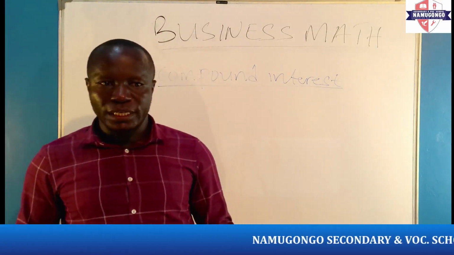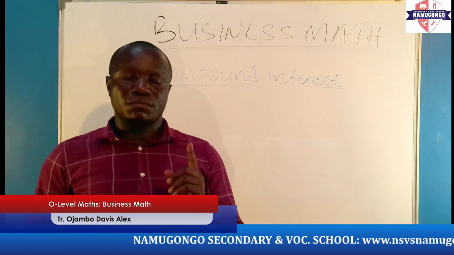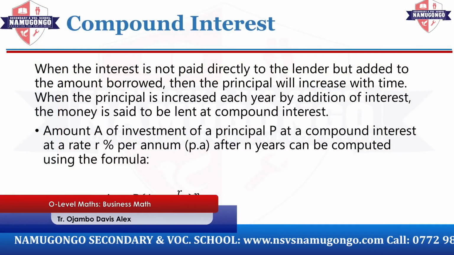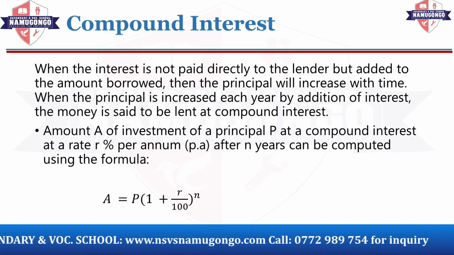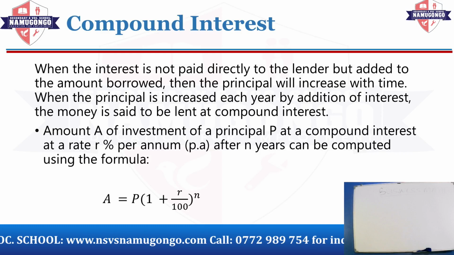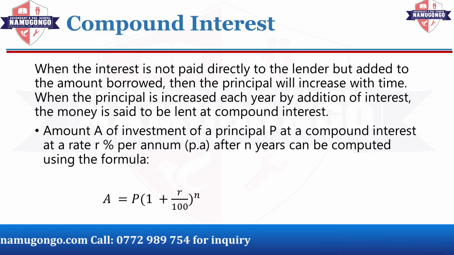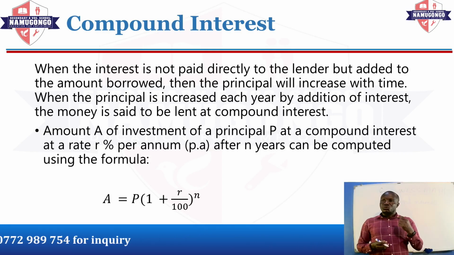And when the principal is increased each year by addition of interest, the money is said to be lent at compound interest. And the amount A of investment of principal P at a compound interest rate, we shall remain with our principal P and our interest rate R, but this time we shall call it the compound interest rate. In the previous lesson, we were calling it the simple interest rate.